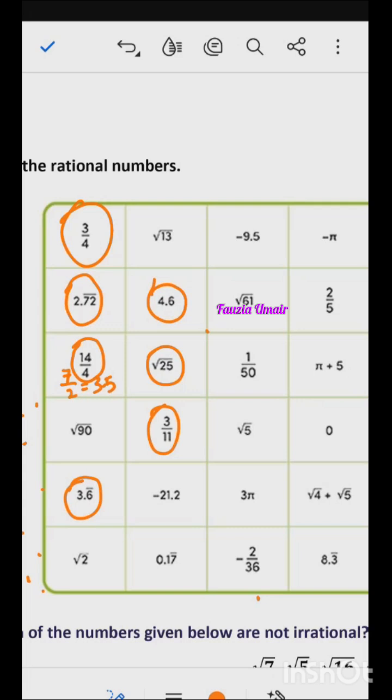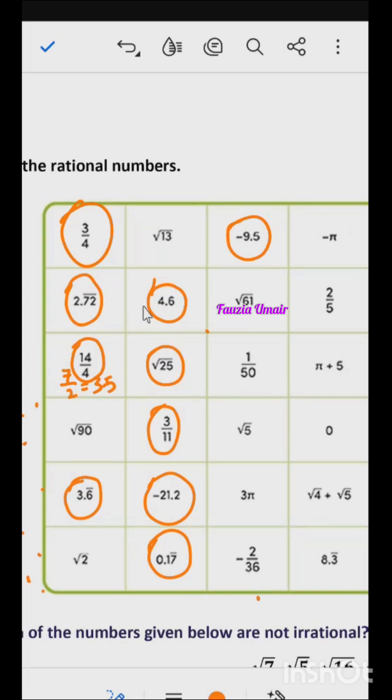Hashim, can you tell me minus 21.2? What kind of decimal is this? It is a rational number. Okay, it's a terminating decimal. So 0.17 with a bar. What kind of decimal is this? It's also a rational number because it's a recurring decimal. Okay. So minus 9.5. Rational number.